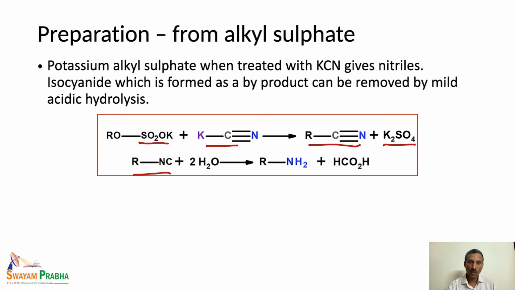So, this isonitrile can be removed from the system by hydrolysis reaction. Hydrolysis of isonitrile gives amine. The amine is a basic substance which can be removed from the reaction medium. That way alkyl sulphate can be directly used to prepare nitrile compounds.